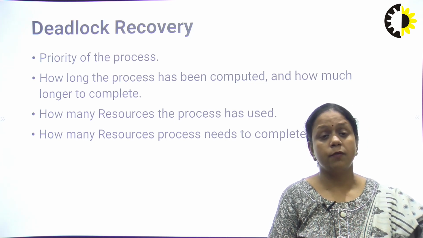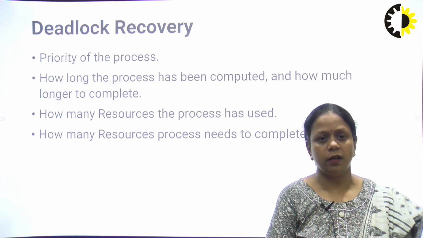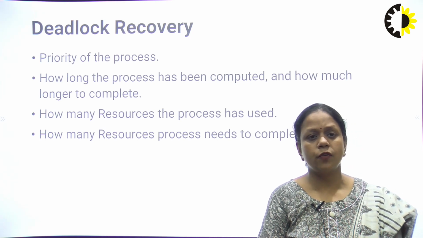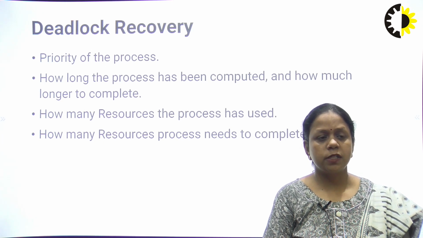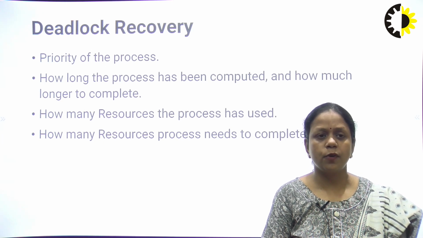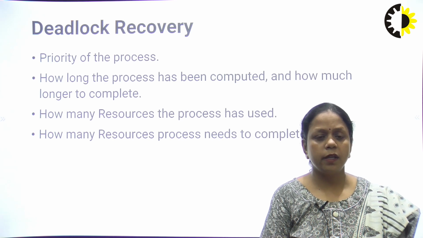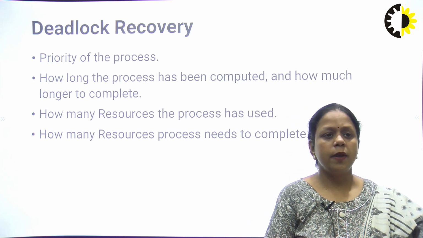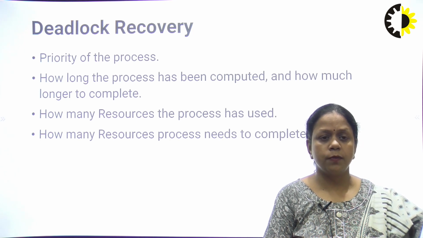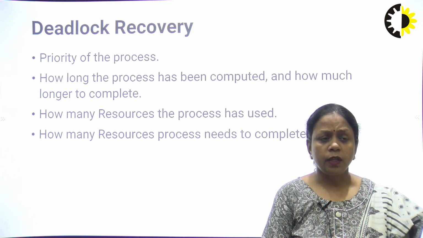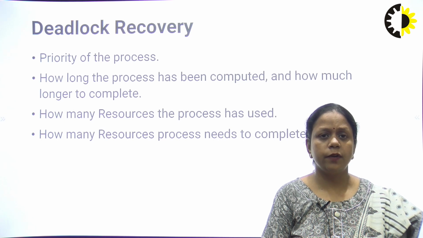If a process is 90% completed, then we should not kill it, because this is a wastage of the computer's resources. If the process is only 10% completed, then terminating it will cause less loss. Also consider how many resources the process has used and how many resources it needs to complete. These are the points we should remember when we are going to kill a process.